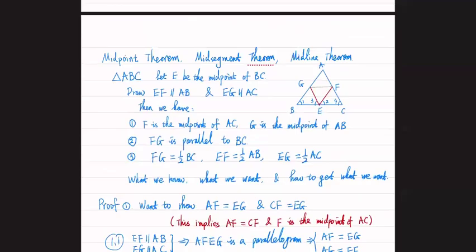Okay, Aaron, angle 3, angle 4. I claim they have the same measure. Why? Which condition can we use? We can use F as a midpoint and they're parallel. We don't know this is the midpoint.